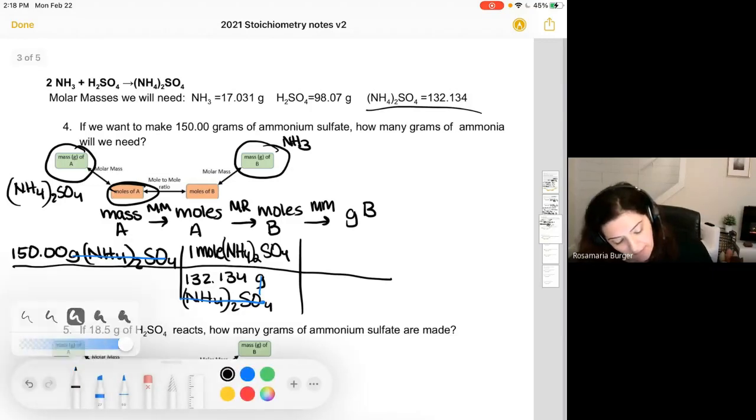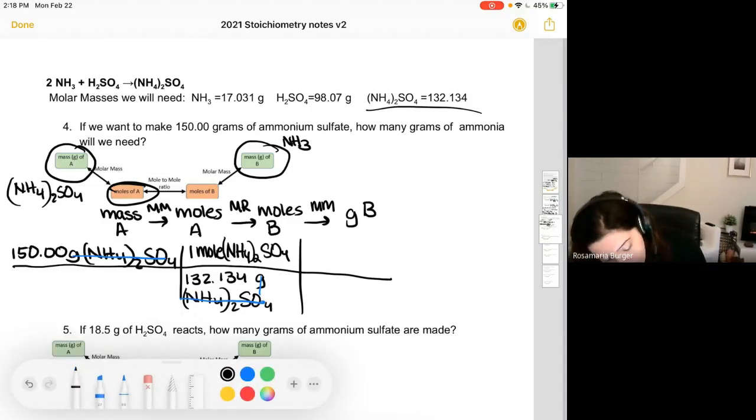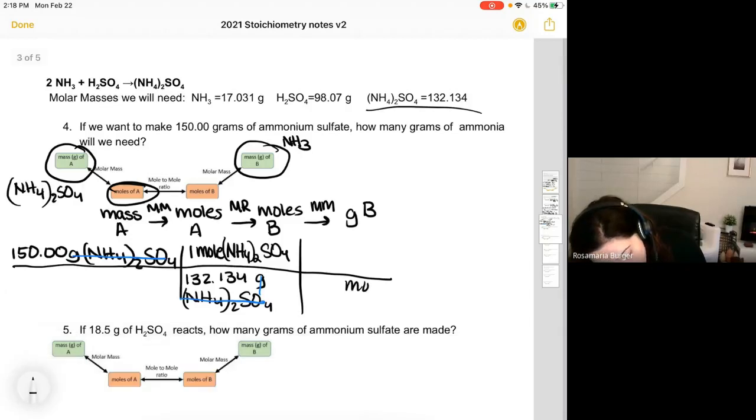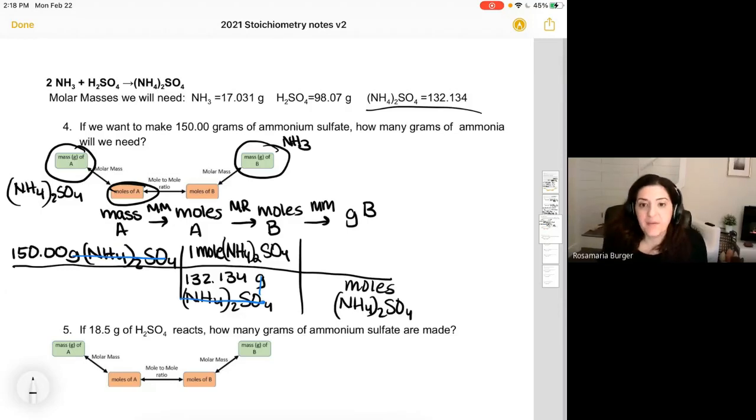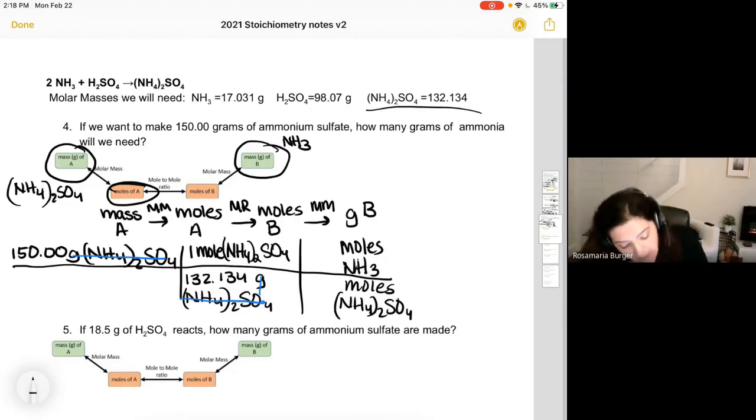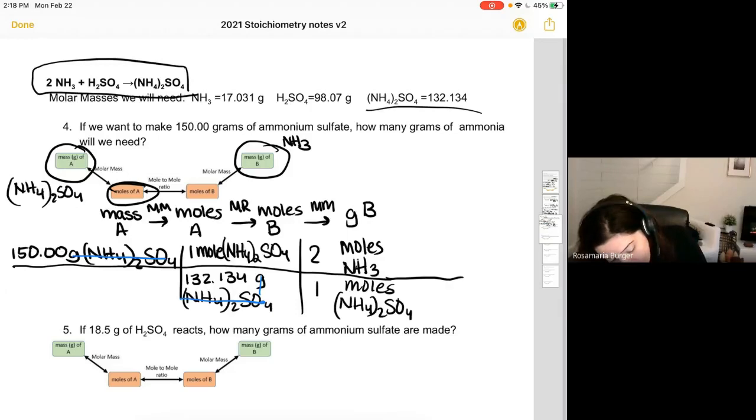I know that moles of (NH4)2SO4 has to go down here because I need it to cancel out. So moles of NH3, which is ammonia, has to go up here, and it's a 1 to 2 ratio based on this equation up here. So now based on my mole ratio, I've gotten myself to this point.